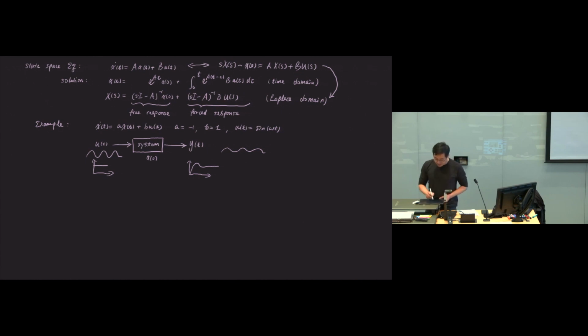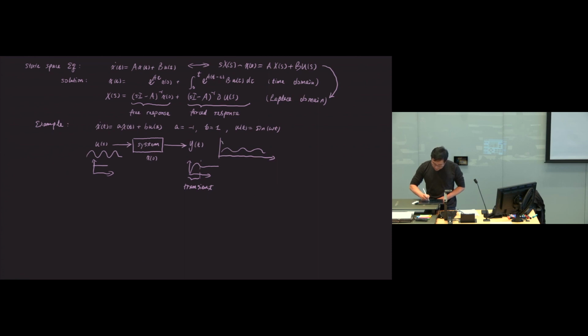Now, pay attention. Although this is the term that contains the initial condition x0, this is not the transient response. This integral over here will also create some transient. Even for the sinusoidal signal, there will also be some transient.